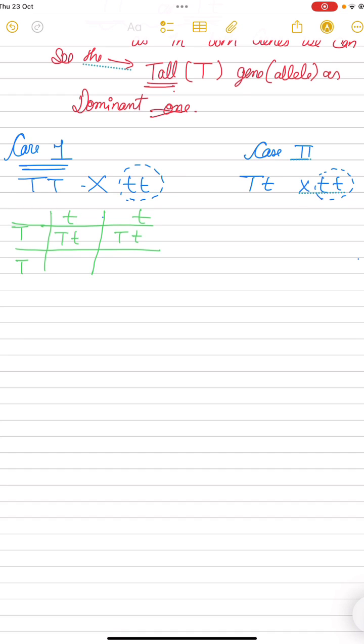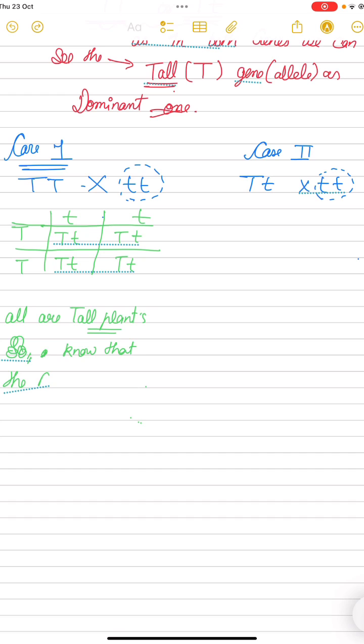Now here we can see the crosses. The big T is present in all of them, so all are tall plants in this generation of the test cross. So the F1 generation of the monohybrid cross had what kind of genes?